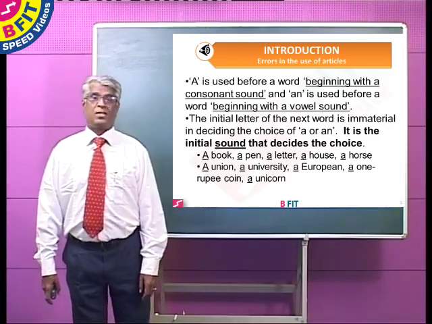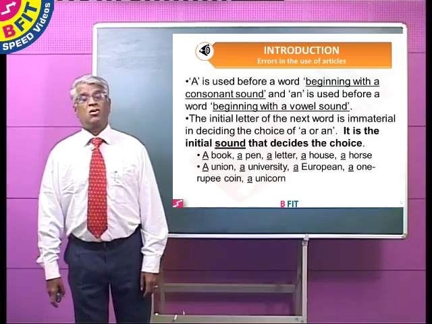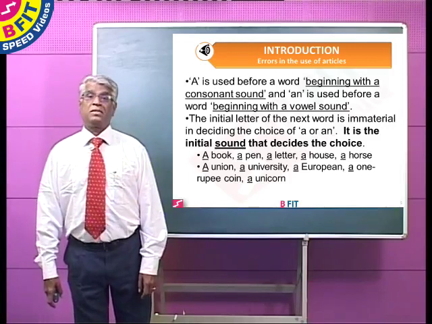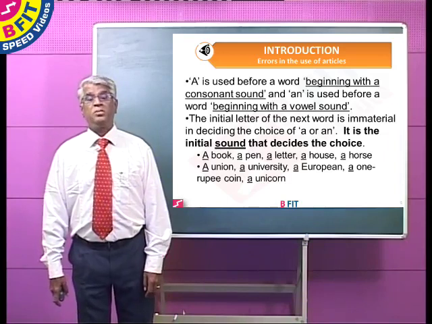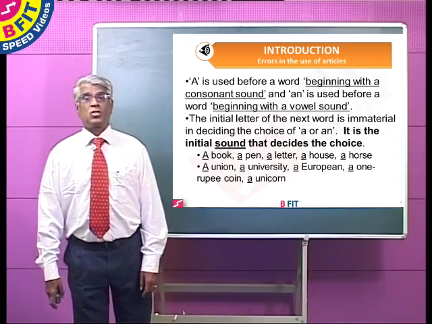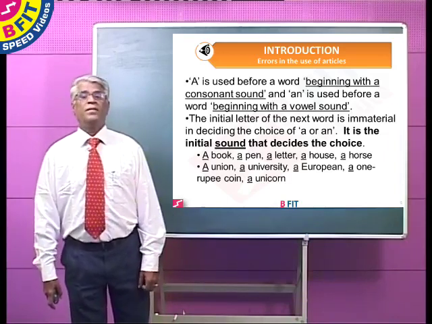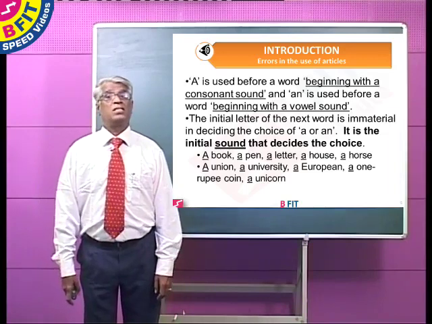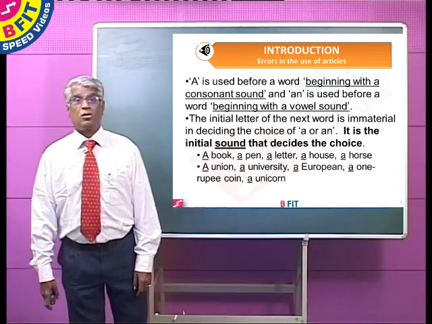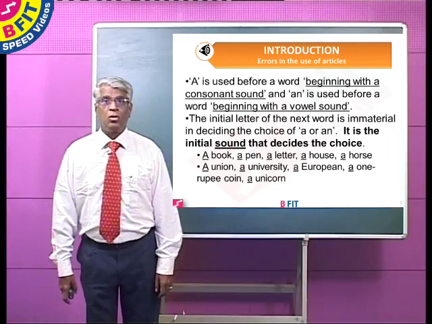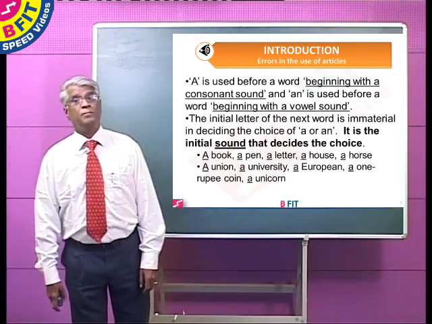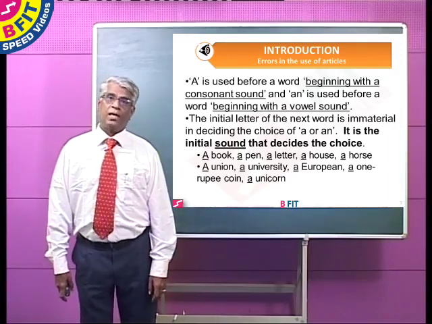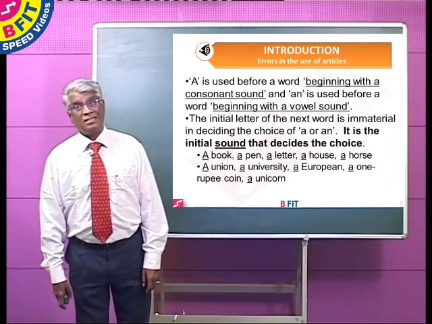H-O-U-R, for that matter, is a word starting with H, but that H is silent. So the word is pronounced as our. So in H-O-U-R, the initial sound is the vowel and not a consonant, even though the letter H is present. So for the word hour, you will not use a, but you will use an.